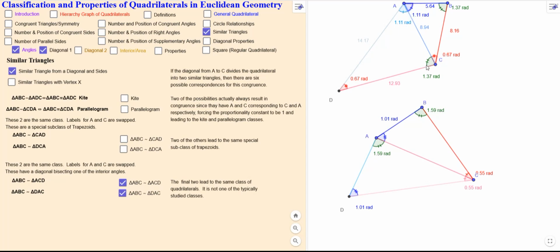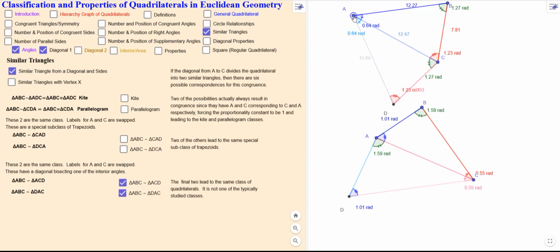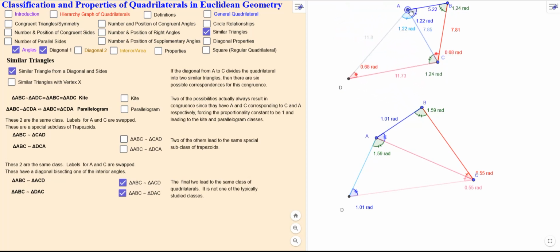Okay, so at A, your diagonal here is an angle bisector on this end, but not necessarily on the other end, as you can see. So, kite has that possibility where we have an angle bisector there. And I guess there's a place somewhere in here where we could, if we get this just right, make this into a kite, but it's not necessarily a kite, right? But you do get an angle bisector on this end, maybe or maybe not on the other end.